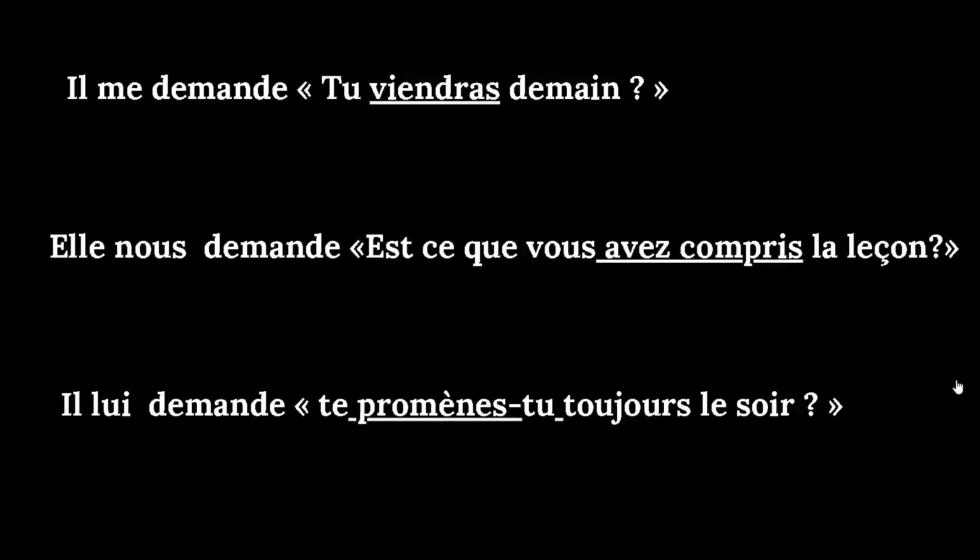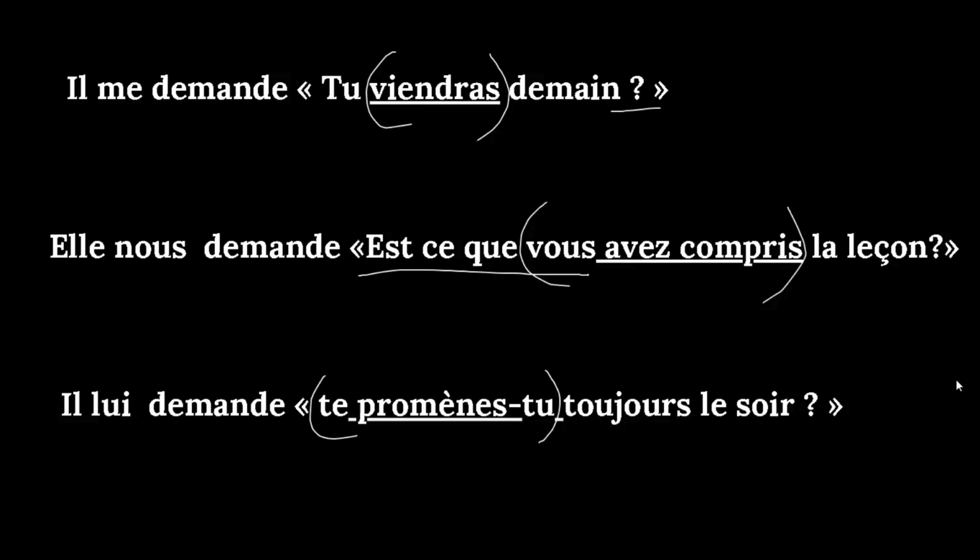Let's see some examples with these three forms of question. The first one we have here is an intonation. The second one is est-ce, and the third one is the inversion form. Now I have used different tenses here just to keep things clear for you.